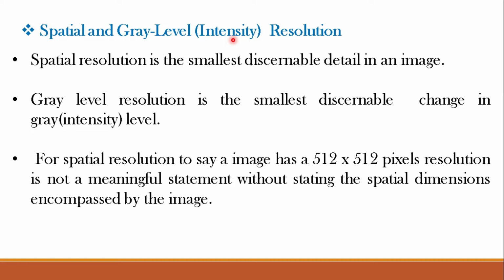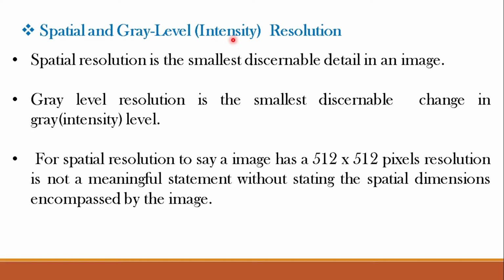But to be meaningful, a measure of spatial resolution must be stated with respect to spatial units or the image plane units. The image size by itself does not tell the complete story. To say that an image has a resolution of 512 cross 512 pixels is not a meaningful statement without stating the spatial dimensions encompassed by the image.